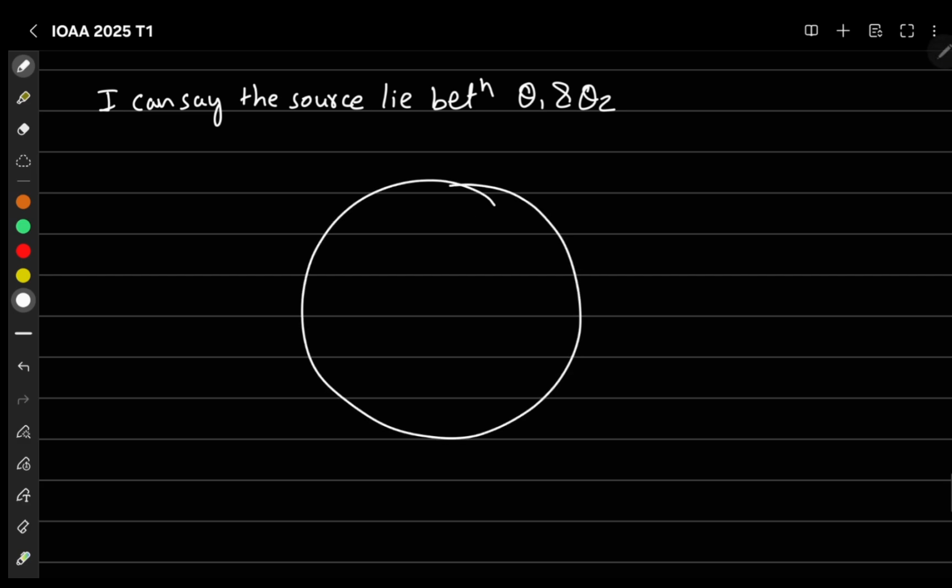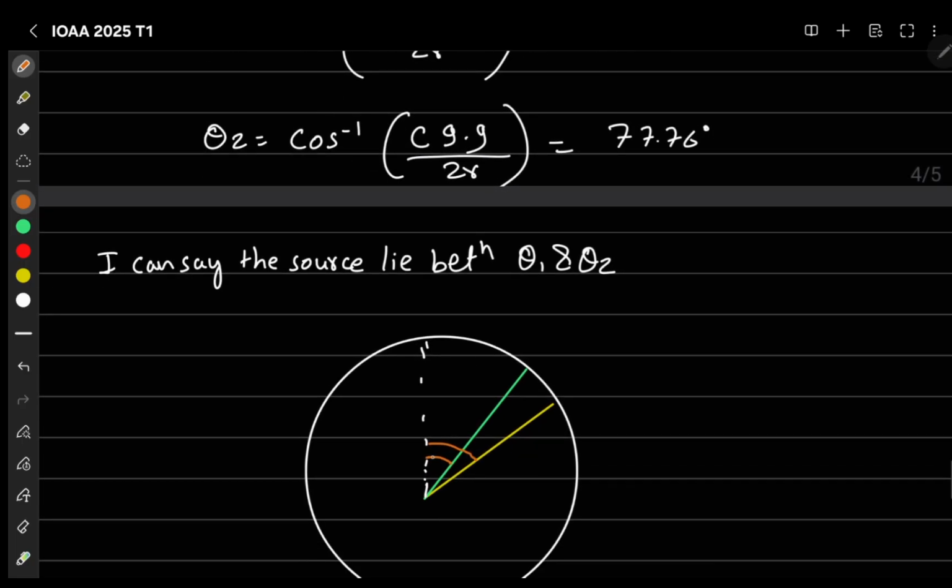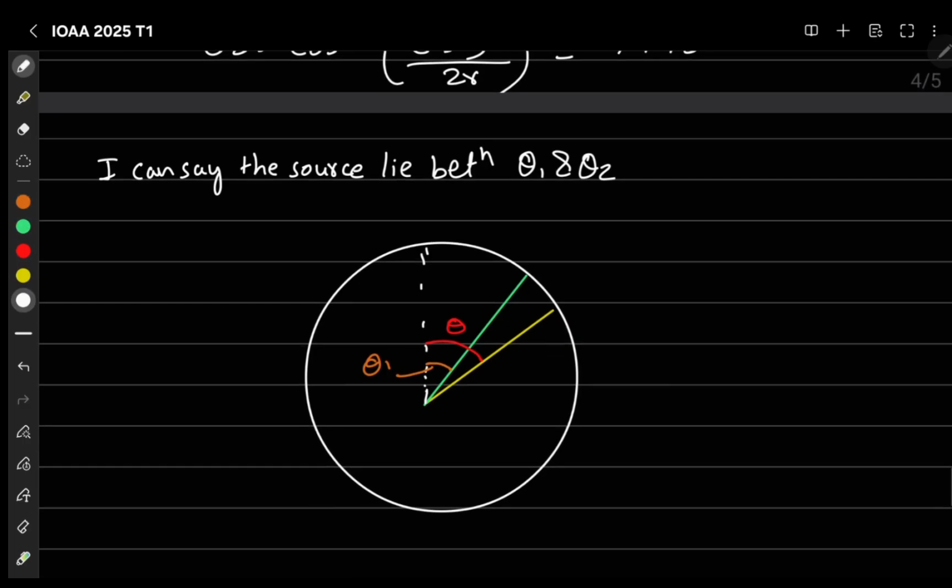So if I make a celestial sphere, and if my theta 1 and then theta 2, I can simply say that there lies a strip between these points, a strip where my source lies.